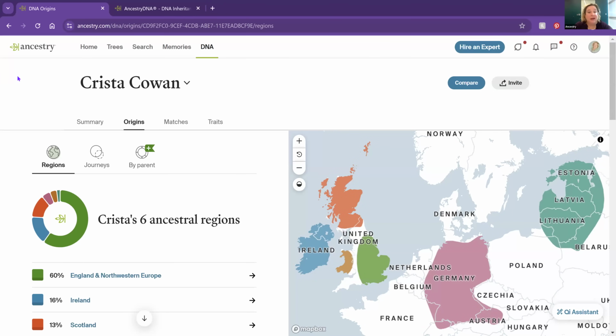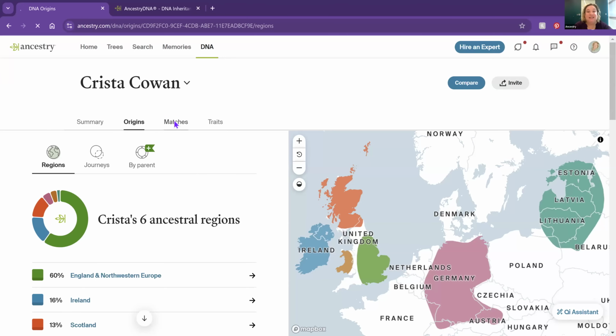Their families may have intermarried for centuries, right? Like you may come from Puerto Rico, or you may come from Hawaii, or you may come from Louisiana, and both parents come from that same population of people. Even if they're not related to each other, they still come from that same population, and it makes it a little trickier to tell. And so in that case, you're going to want to go to your match list.